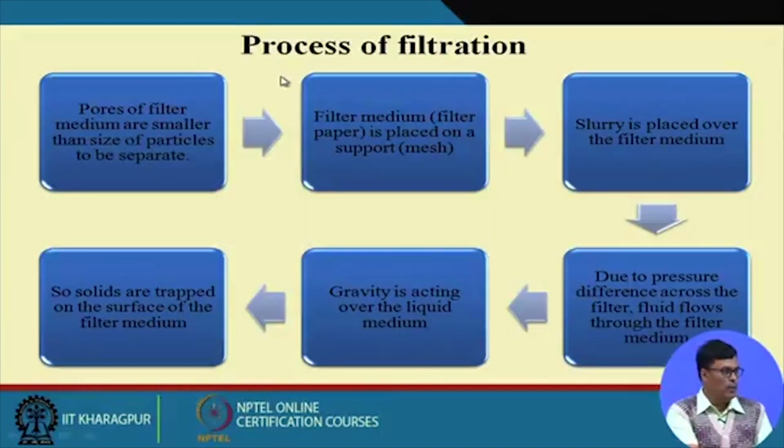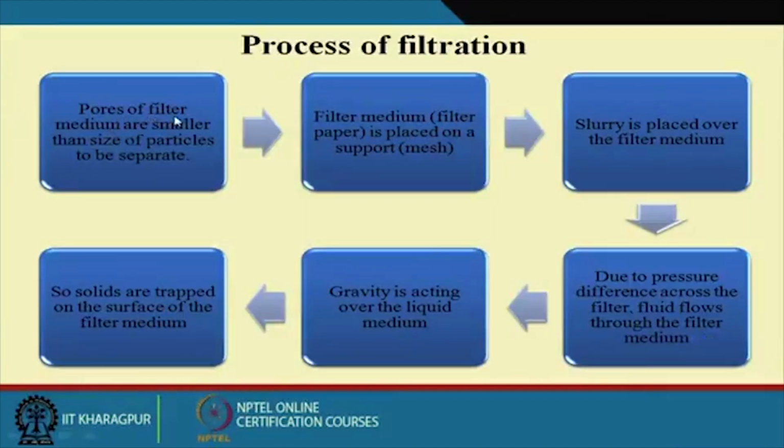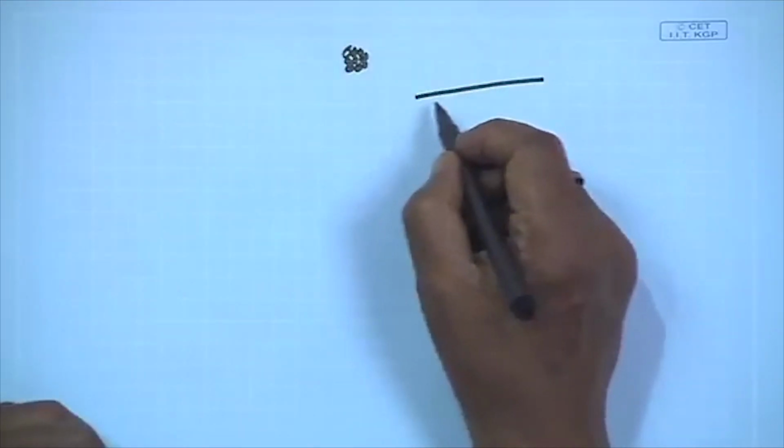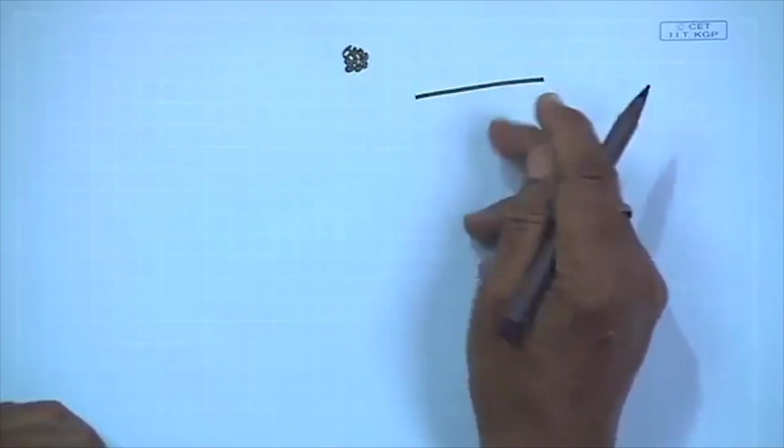Now the process of filtration is this: the pores of the filter media are smaller than the size of the particle to be separated. Obviously, if the size of the particle to be separated is 1 micron, the pore size would be a little lower than that. The filter media or paper is placed on a support mesh, because this is very much required. We know the membrane is a flexible material, so we cannot keep the flexible material as such.